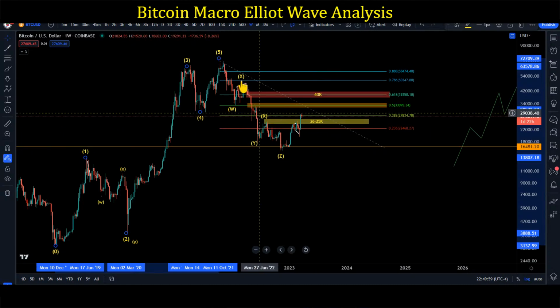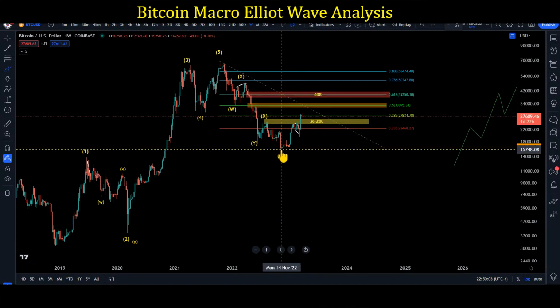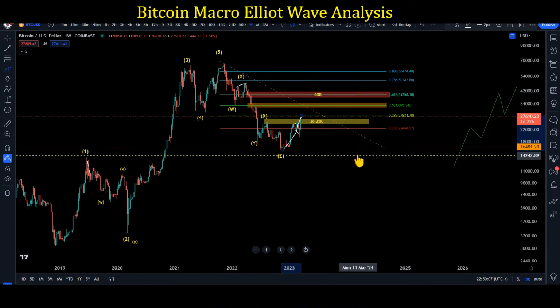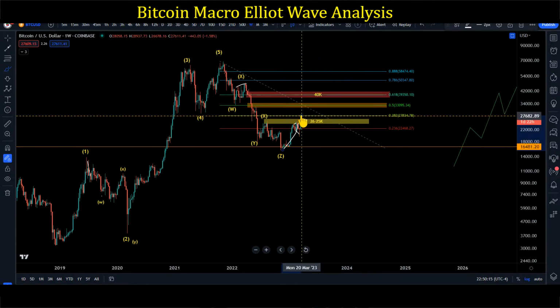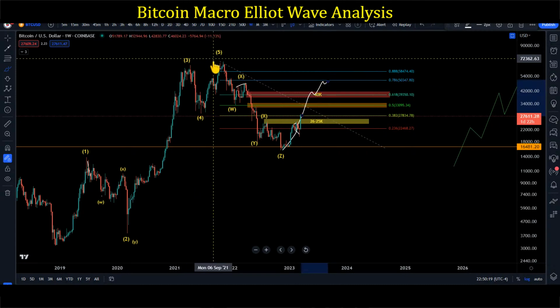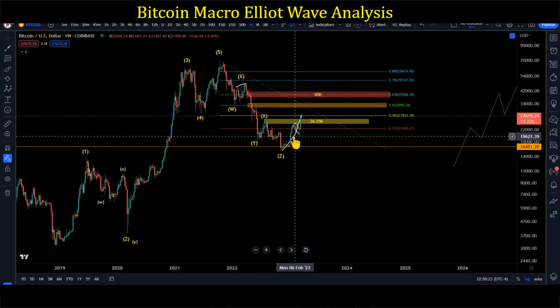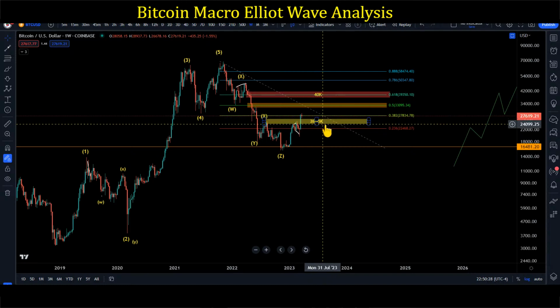It means the move bulls are creating right now to the upside could be the first macro wave of the next bull market. We just don't know how high exactly this wave can go. It can go to 40K, 50K and all that good stuff, but I don't think it will break the all-time high without correcting again 30%, 50% or even 60%. But we will take a look at it step by step as we go.